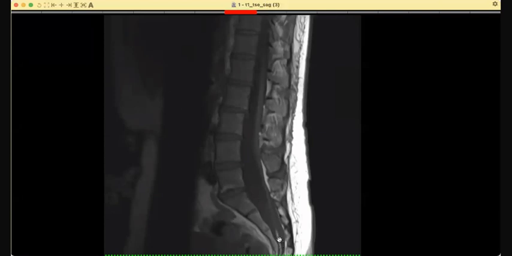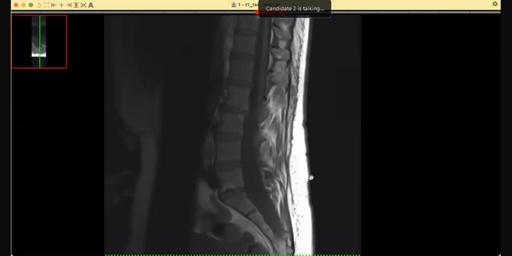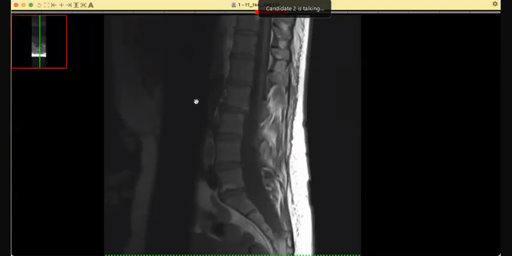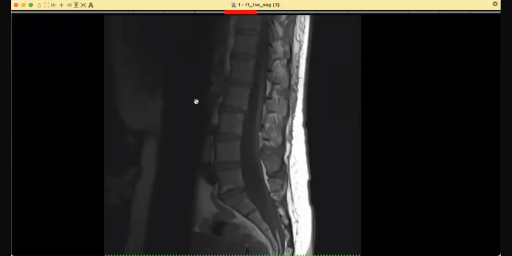What do you think is this where I am pointing? It is high intensity on T1. I'm not certain what it is, but high intensity on T1 could suggest blood, fat, or protein, and in this case, since it's linear, I'll be thinking of fat or hemorrhage.